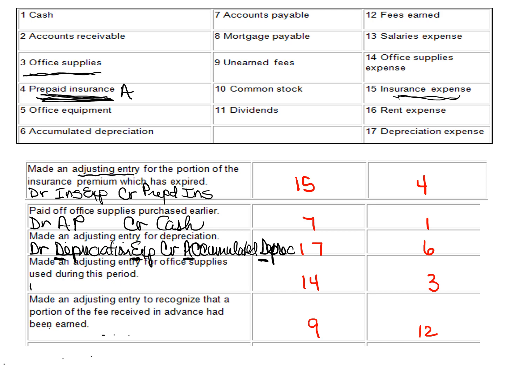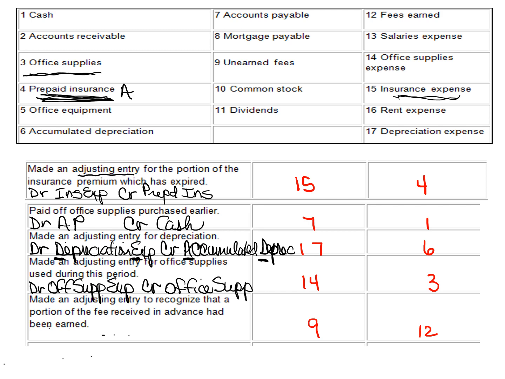And if it's not there, it must be an office supplies expense, which is what we've used or consumed. So we're going to debit office supplies expense, which increases the expense, and we're going to decrease the asset, office supplies, because it was used.